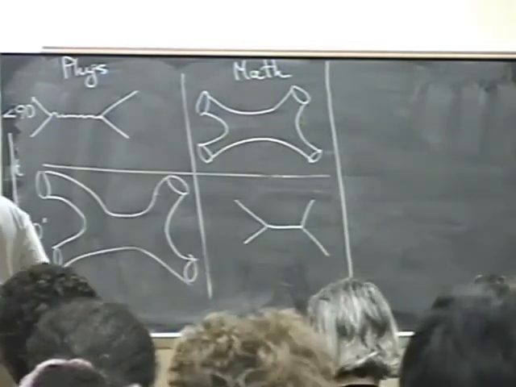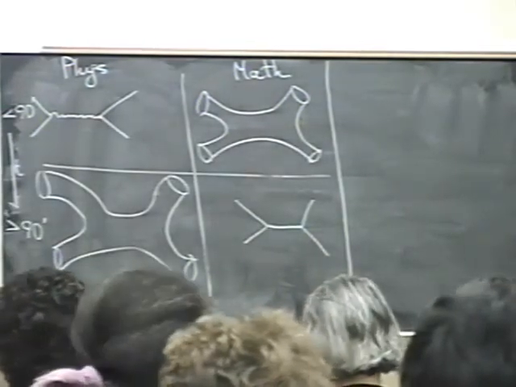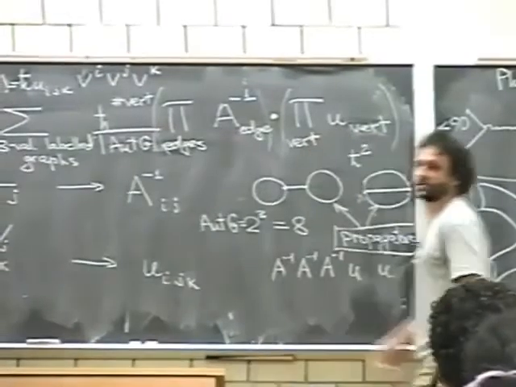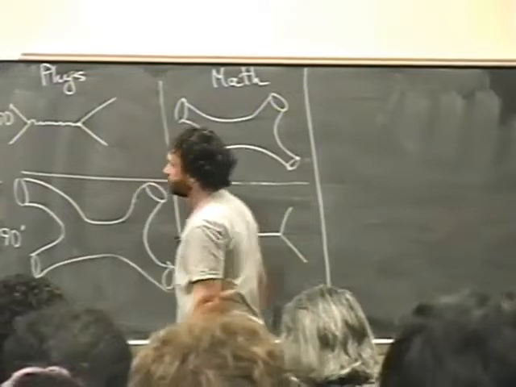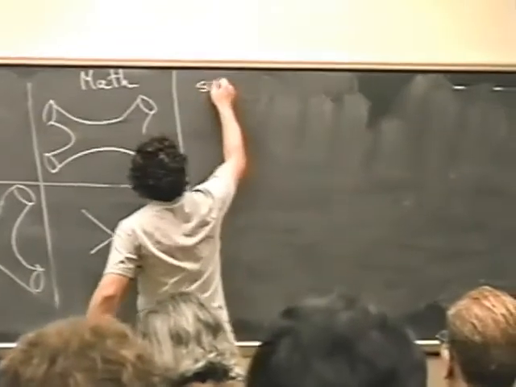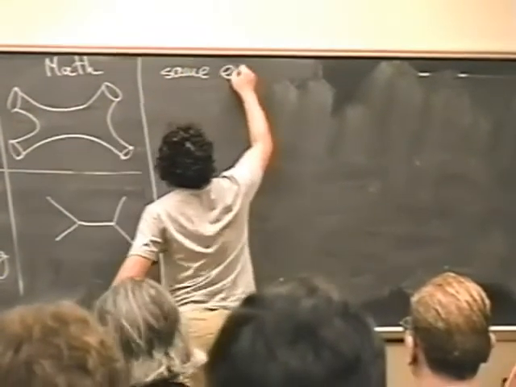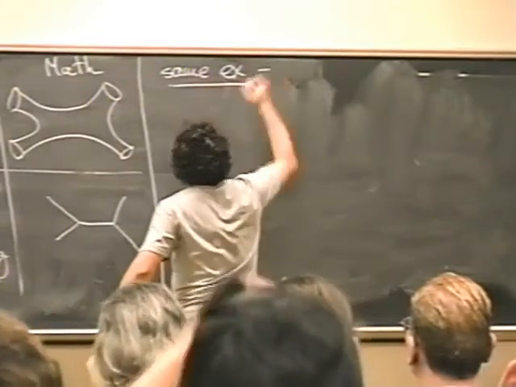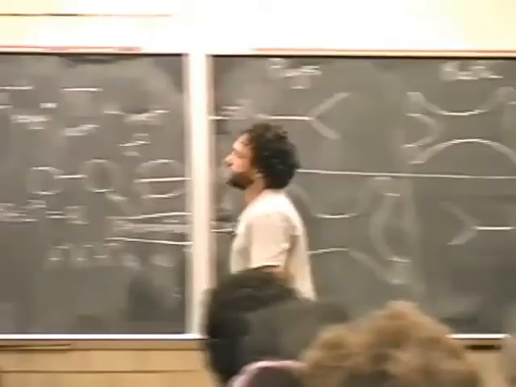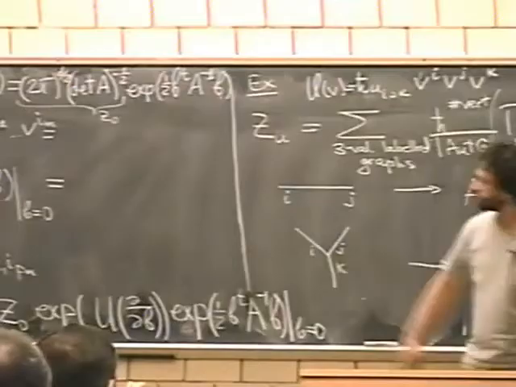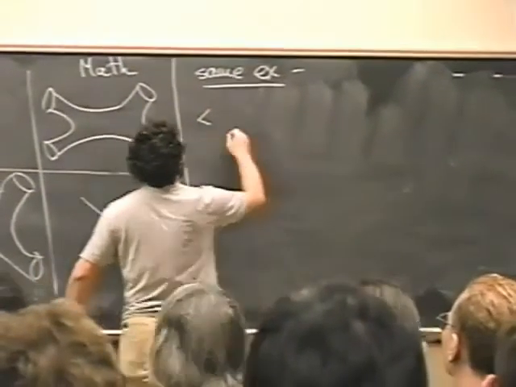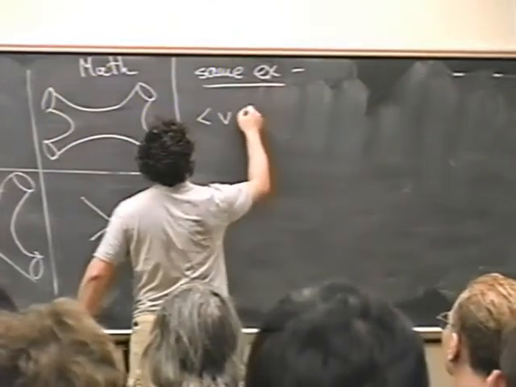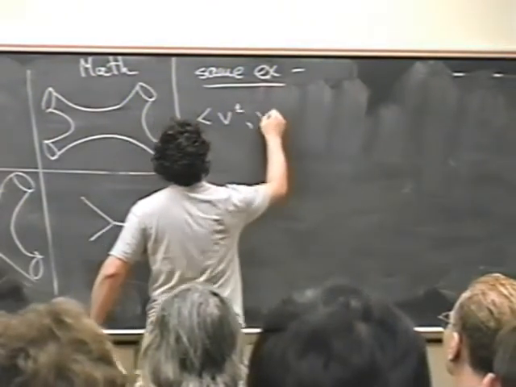Okay, so now let me just carry on with this example, the same example as I was doing here before. But now I would like to compute not just the partition function, but the correlator of, say, two coordinate functions, v1 and v2.